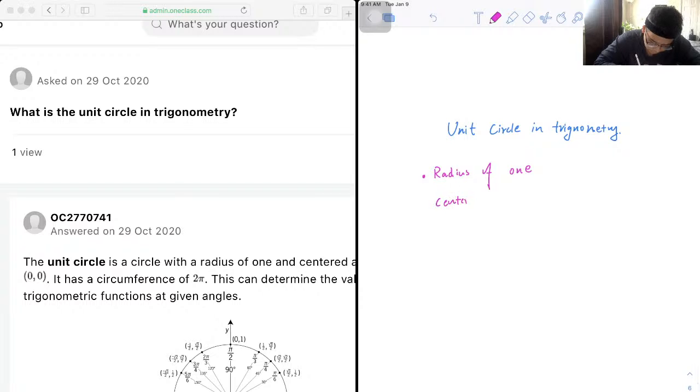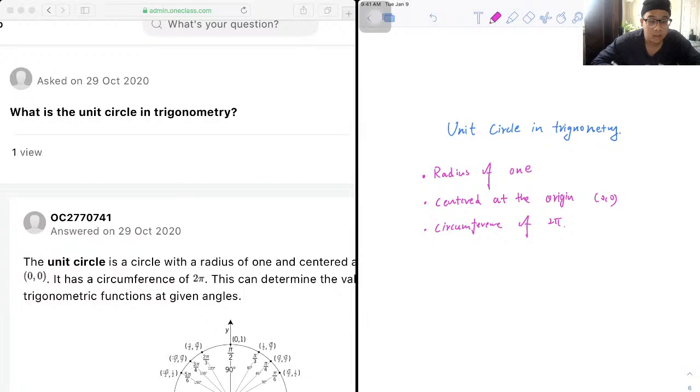Centered at the origin, which is (0, 0). It has a circumference of 2 pi. Circumference of 2 pi.